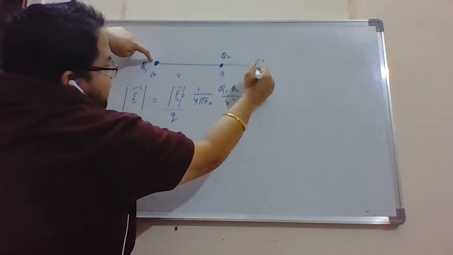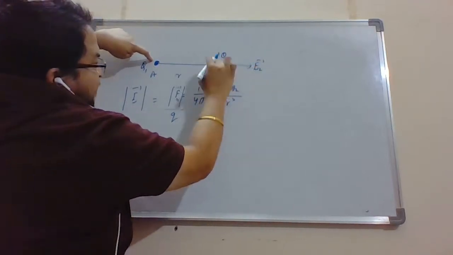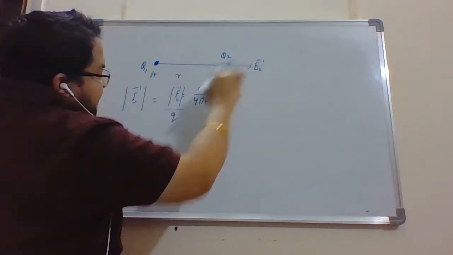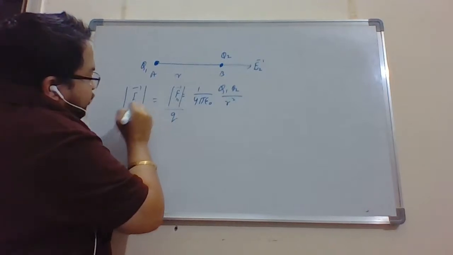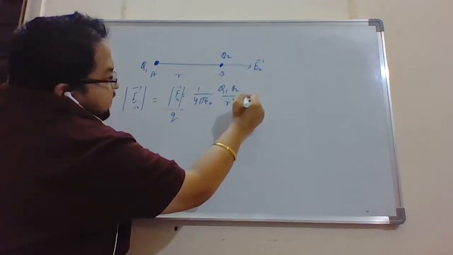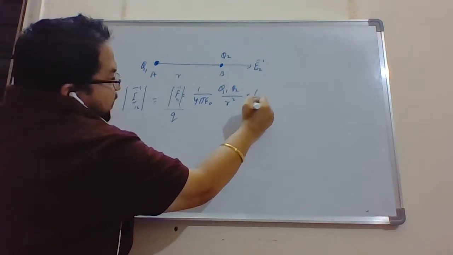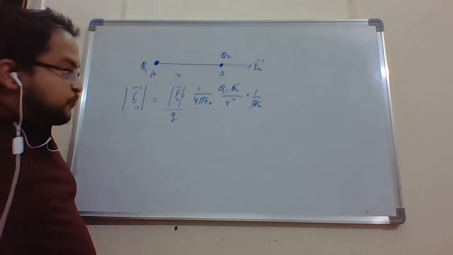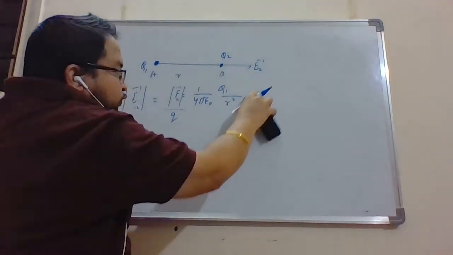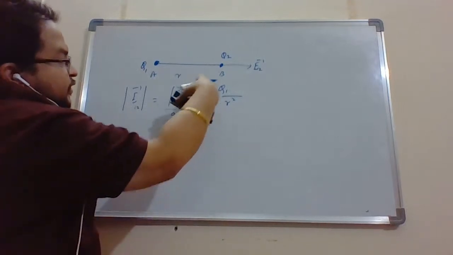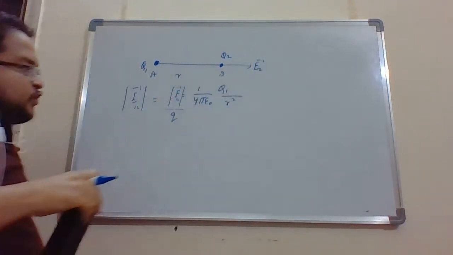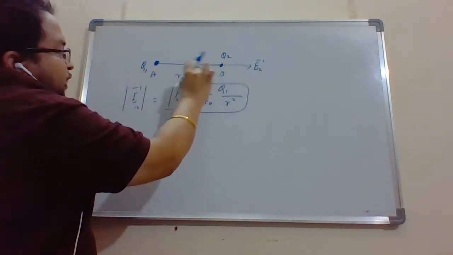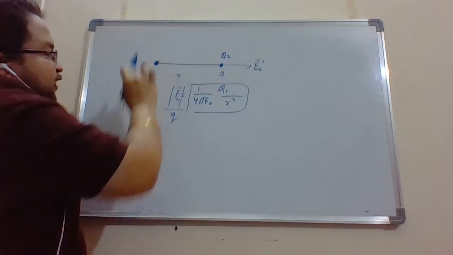Obviously in the same direction, this one will experience an electric field, which I can call E12. So E12 would be force per unit charge, which is F into 1 by Q2. Obviously Q2 cancels out, and this becomes 1 by 4 pi epsilon naught Q1 by r squared, right? So this is how we have studied the electric field at a point due to another point charge.